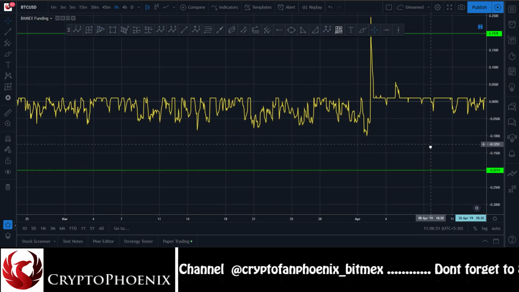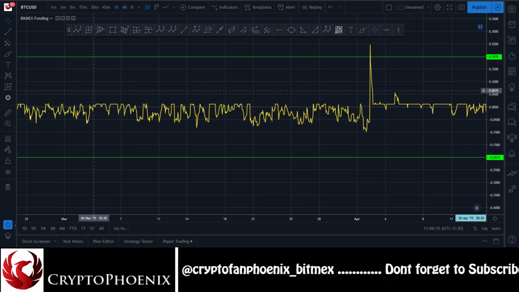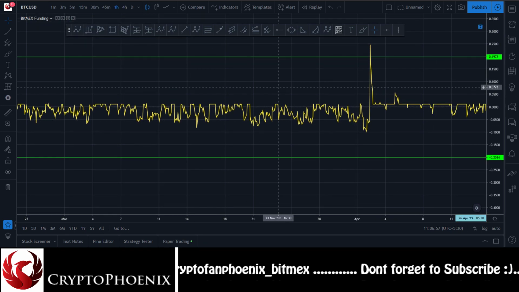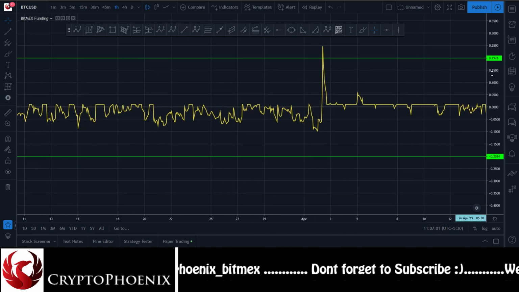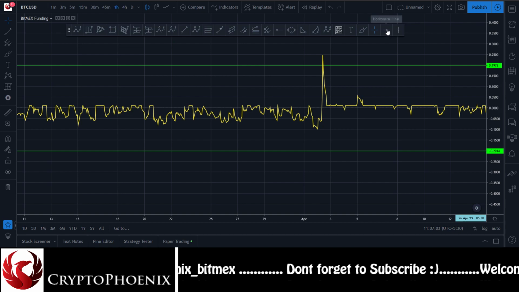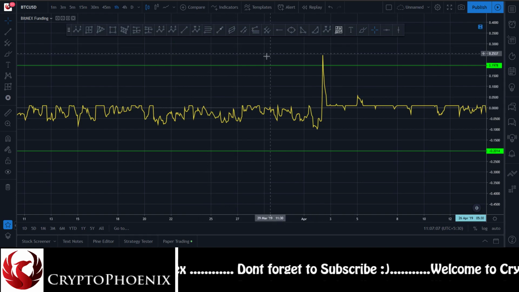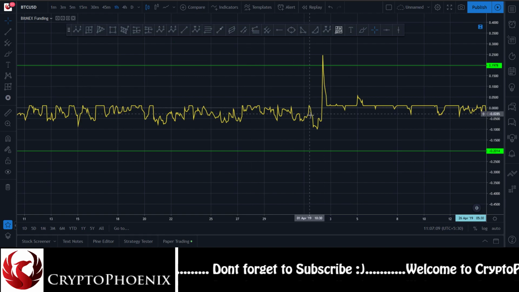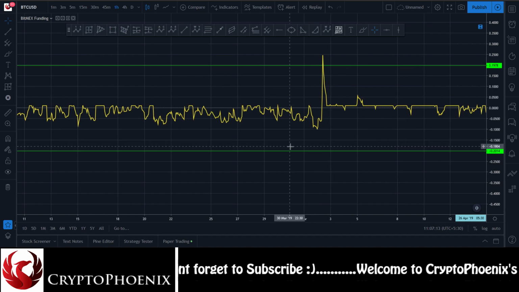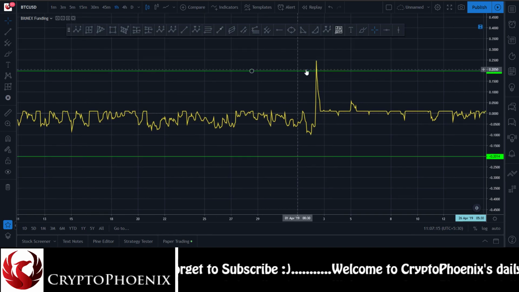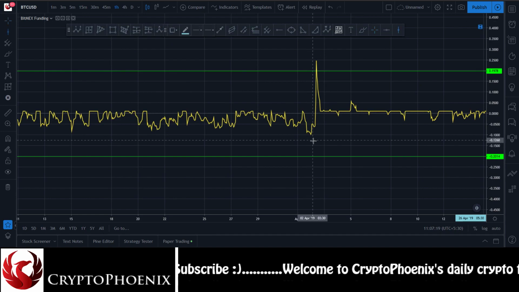So remember guys, what's our main goal during an uptrend? To find the most of the retracement so that we can get most of the benefit if the asset rallies. So whenever the asset is pumping, you are finding the best buying position on retracement. So during a pump, you have to look for the negative funding rate where you can add most of your long positions. All right, so let's just mark this point.